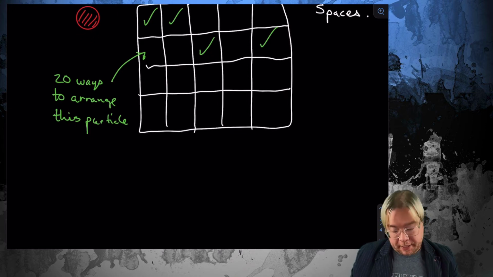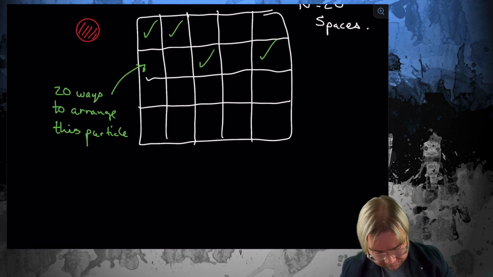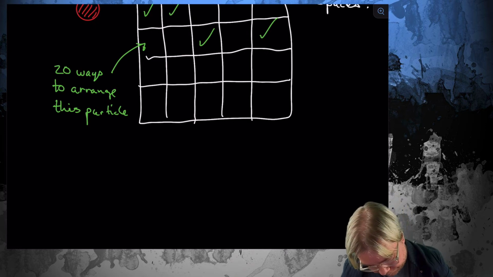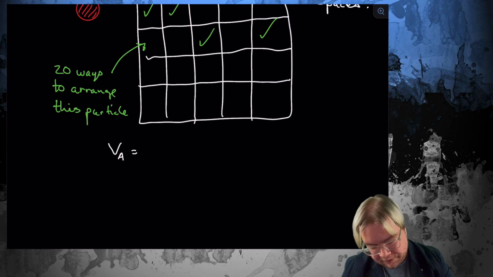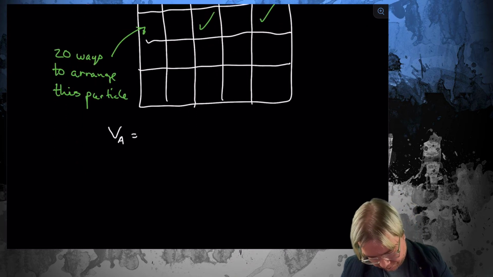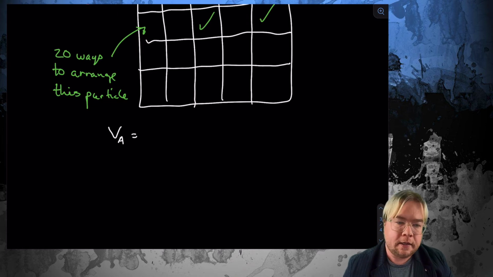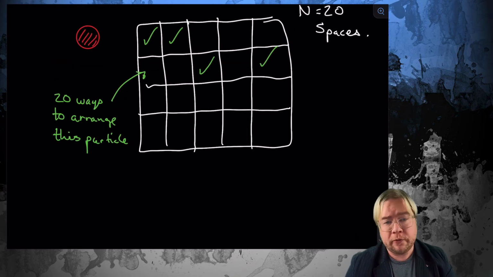So let's define some things that will make my life a little easier. First of all, let's define the volume of the A component. Actually, let's not do that first. I should probably tell you what I'm doing first.